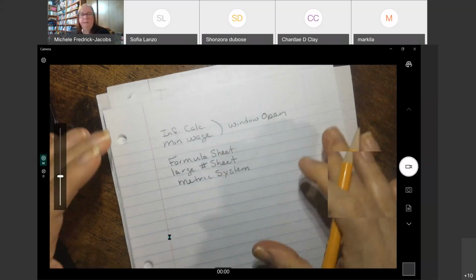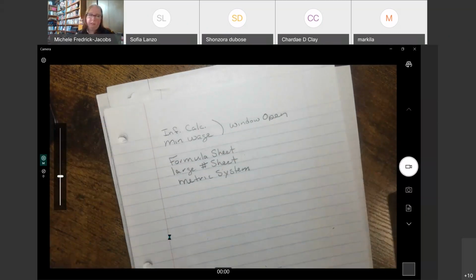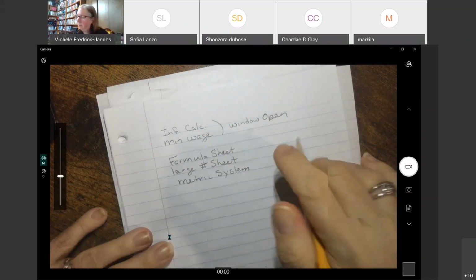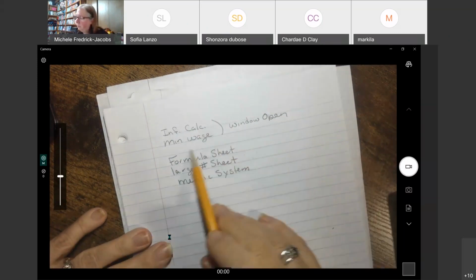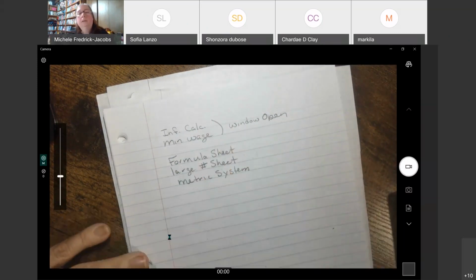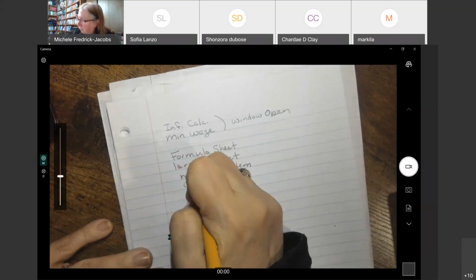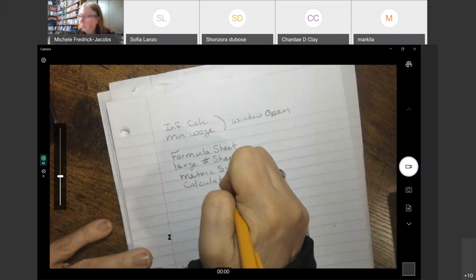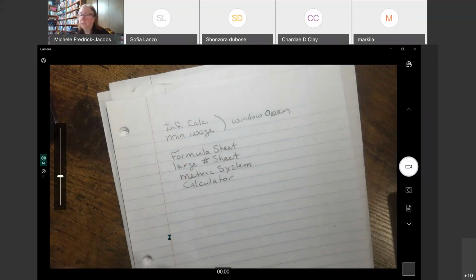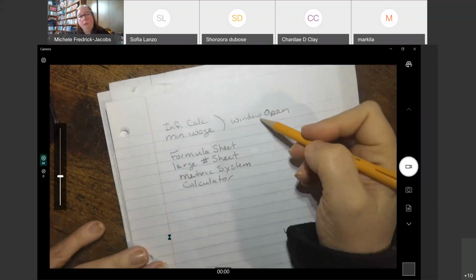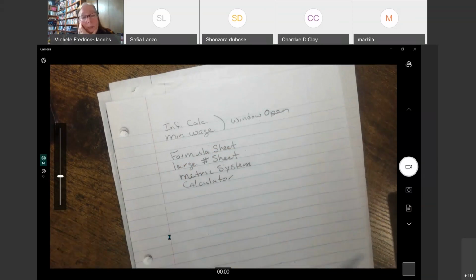So I would have these things, and then under that you want to have your problems, your homework and stuff like that, that's fine, or your notes. But I would have these 2 windows open, these things on top, and a calculator, or if you want to use the calculator on the computer, you can have that window up also so that you can get back and forth quickly.